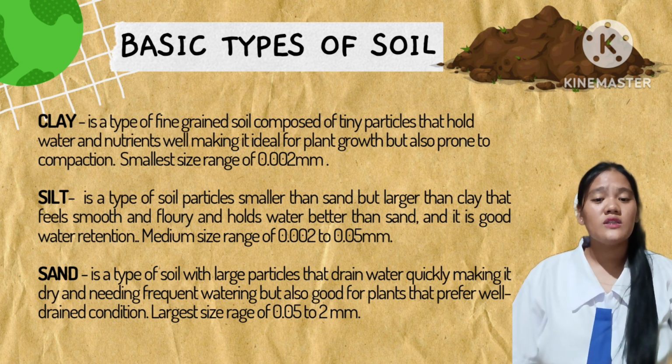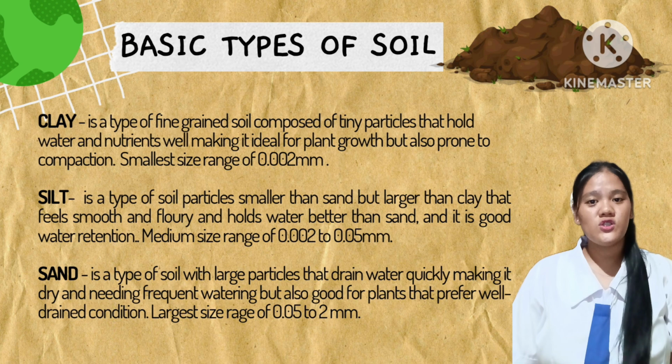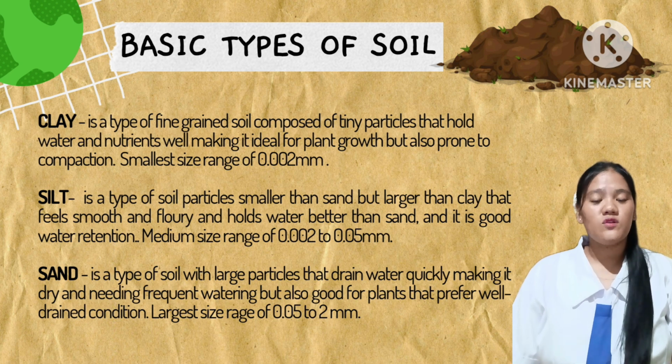This is also not good for plants, the sand soil, for the reason that it does not hold the water and nutrients required for the growth of plants. Except sa cactus, nga naman kuno nga ang cactus mabuhi man sa sandy soil. For the reason also that it has specialized tissues nga gitawag og succulents nga storage just a large amount of water. That is why it is good for sandy soil.